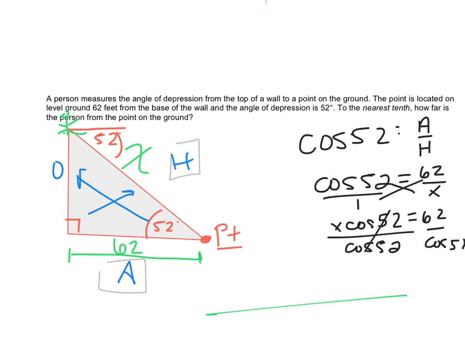So my cosine of 52's cancel, so I get x equals 62 over cosine of 52. And I just type that into my calculator. I do 62 divided by cos of 52. And I get 100.7. That is your final answer.